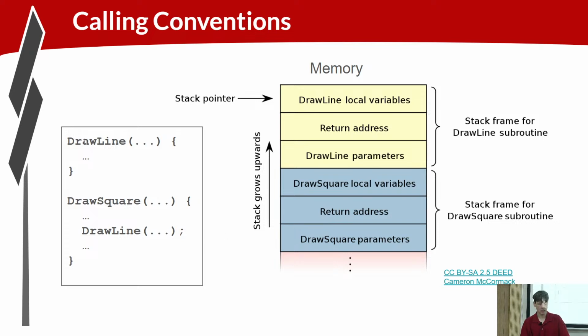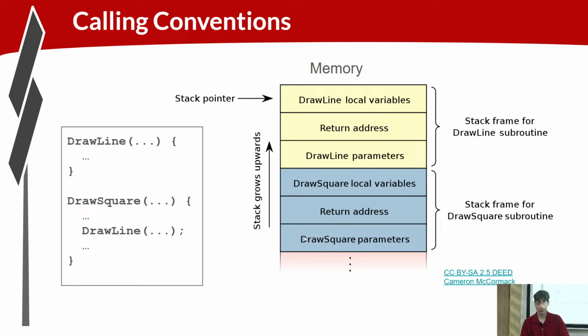So here's depicted a function draw square. Draw square is going to draw a line. So draw square's context is in blue here. It's referred to as a stack frame. So the stack frame includes draw square's local variables. It includes a return address. Where is it going to return to when it finishes?